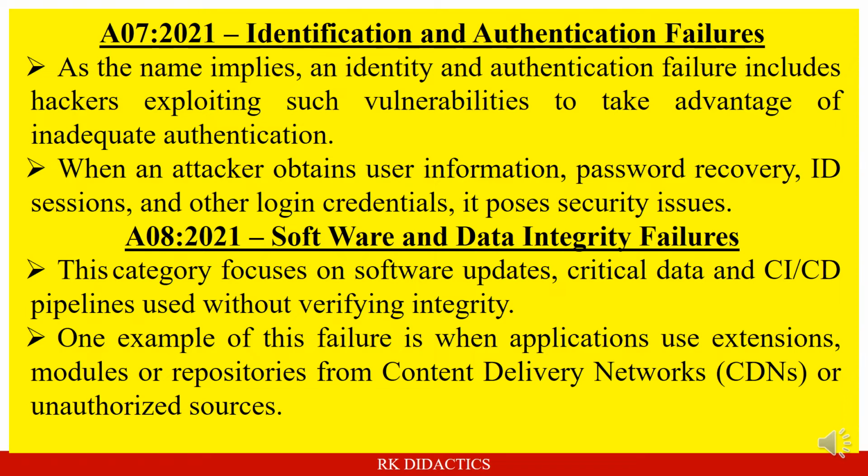So without this continuous software update and critical data, there may be failure in which applications use extensions, modules or repositories from content delivery network or unauthorized sources. So there should be regular system update, software update and critical data updation.